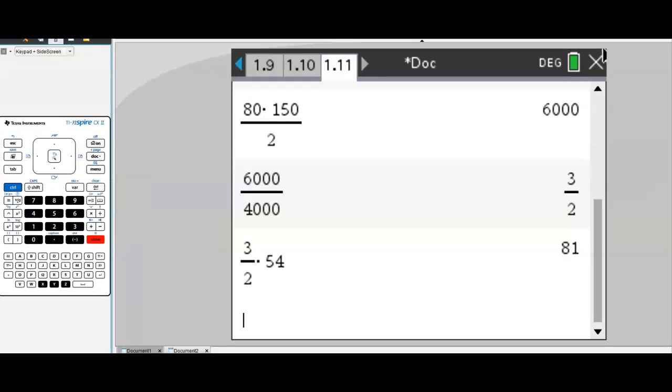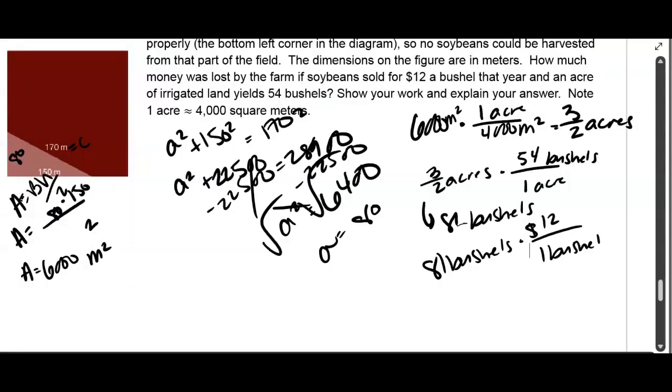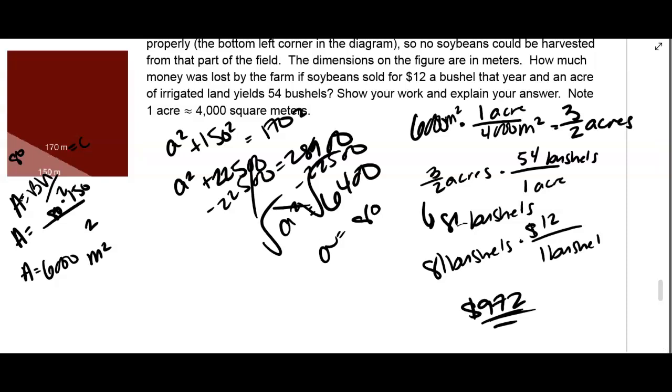So times 12. So 972. So they actually lost $972. Yikes. Not the best scenario.